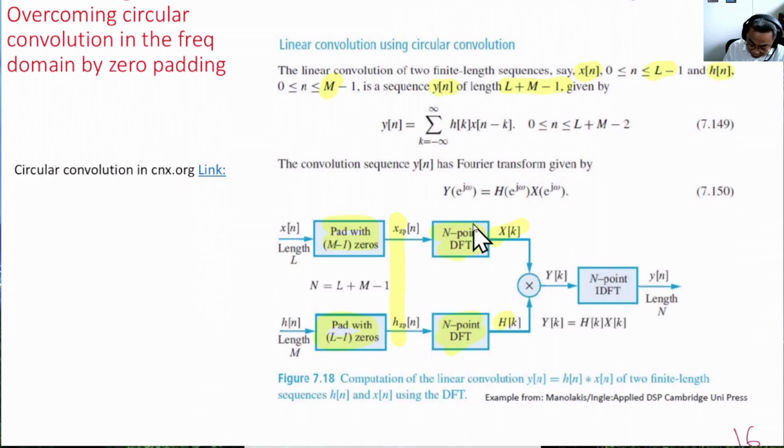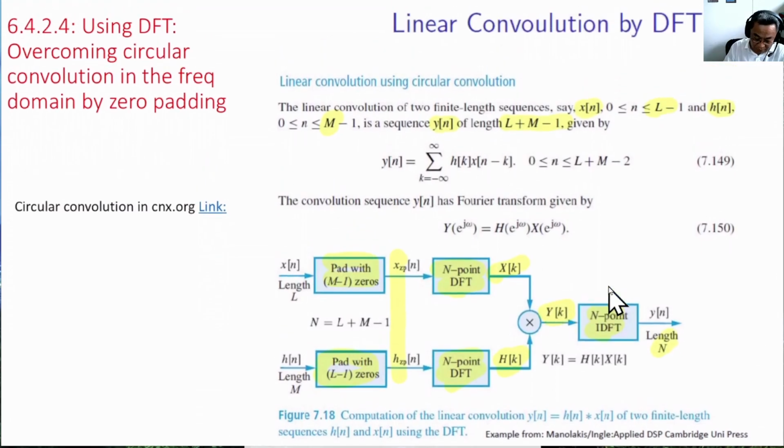Because you are going to do element by element multiplication. X[1] multiplied by H[1]. X[2] multiplied by H[2]. So Y[k] is the element-wise multiplication of X and H. And then, of course, we use the N-point inverse DFT. Okay, so remember, capital N is L plus M minus 1.